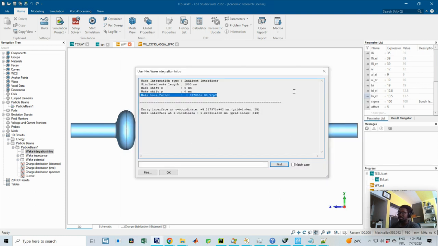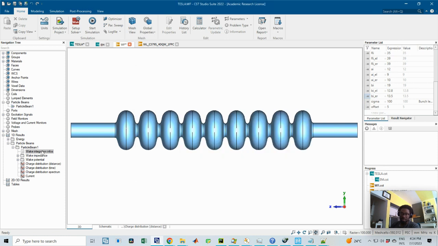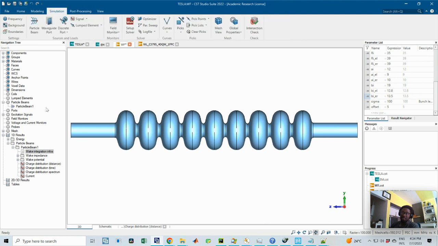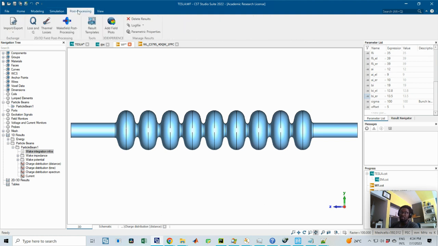But the problem is that if you wanted to do a study, like for me, currently I'm interested in seeing how the loss factor varies with the bunch length. I have checked, and there was no way I could access these results from the post-processing templates, because every time you do a sweep and your bunch length changes, this is overwritten, and there's no way to store it.